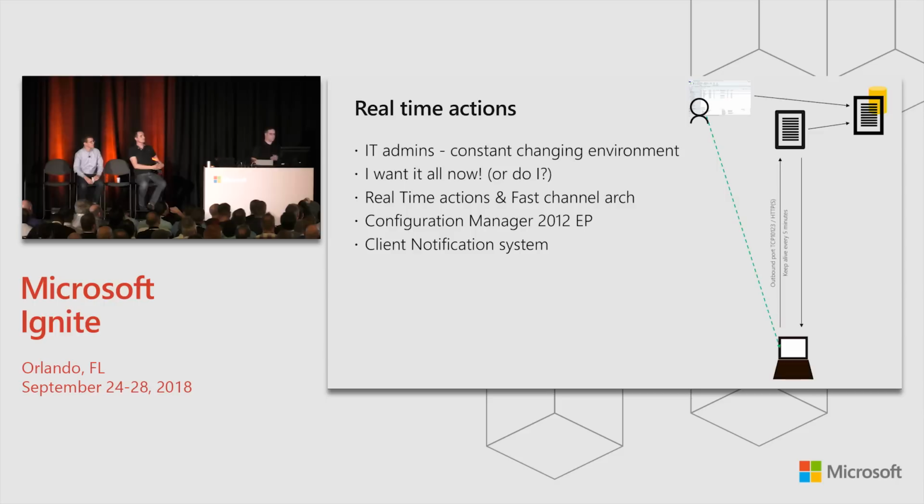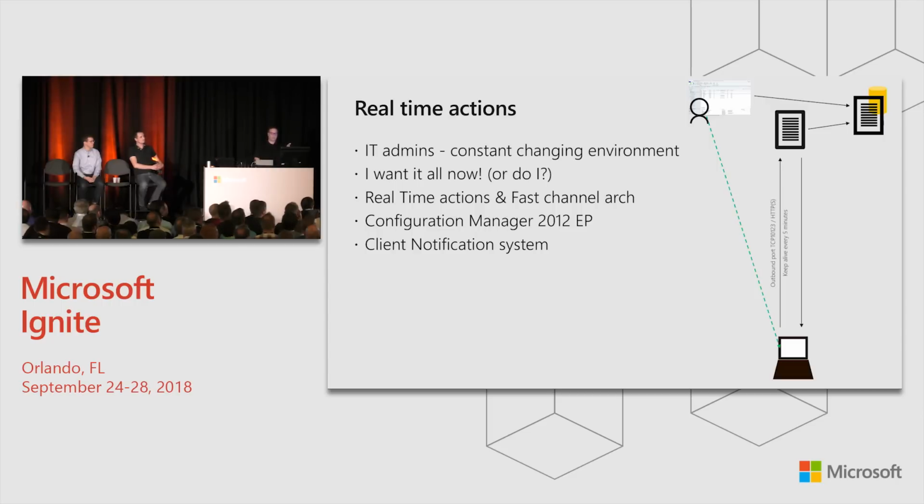The reason we created this was back in SCCM 2012, we were integrating our endpoint protection scenarios, and we needed the admins to be able to quickly look for vulnerabilities and scan, and we couldn't have latency in the system. The way this works is we have this fast channel architecture, which has a client notification system built on it.